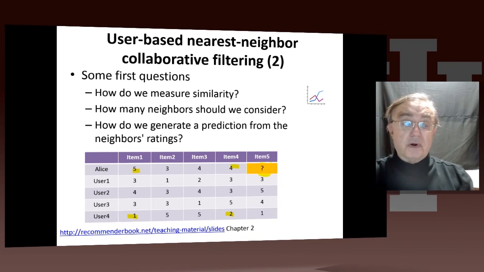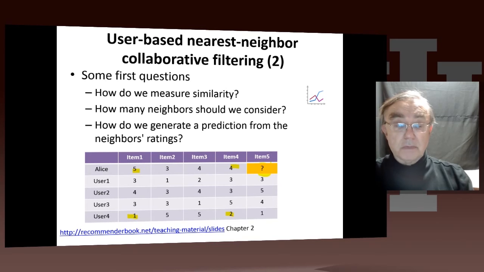So clearly user 4 is different from Alice, and we actually won't want to use user 4. And so we want to try to rule out user 4 by a similarity measure which is small for user 4. And we want to find other users which are similar to Alice and use their predictions to decide on Alice's prediction for item 5.